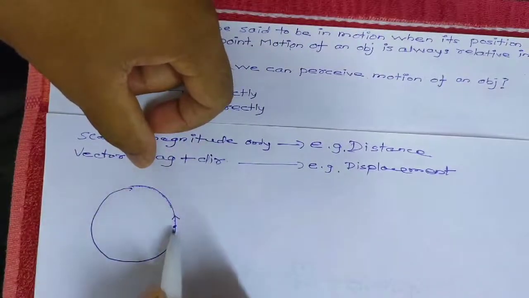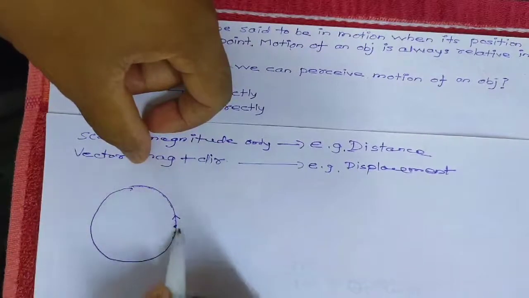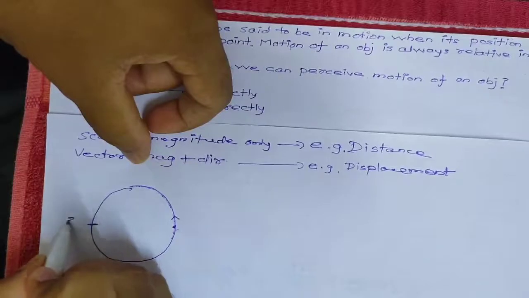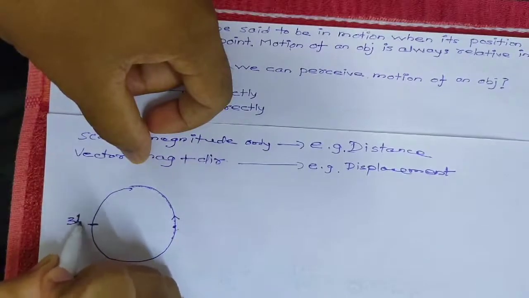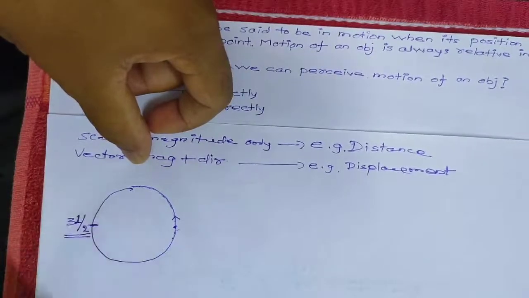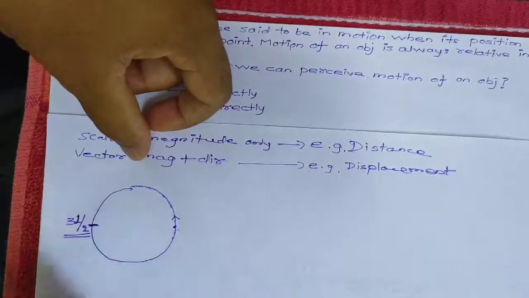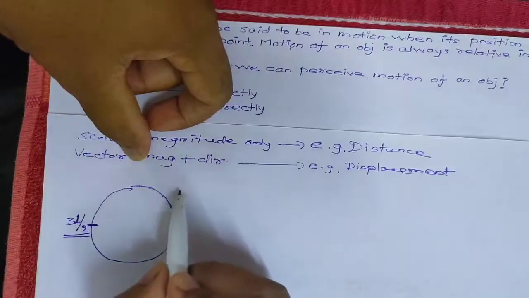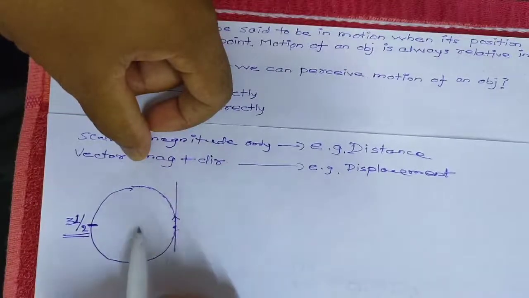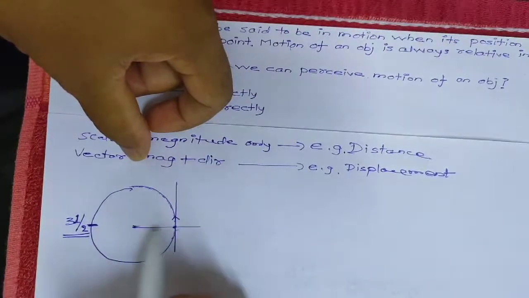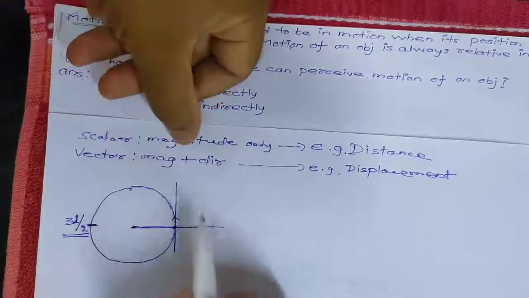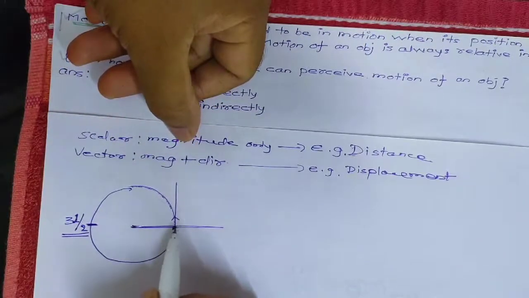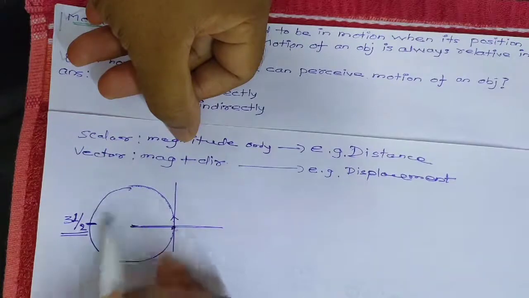First round you completed, you reached here. Second round, third round, and at the end of the three and a half rounds, your position will be here. The reference point which I am taking, it is very important for us to take a reference point, is this particular point, the point from where the person started running.